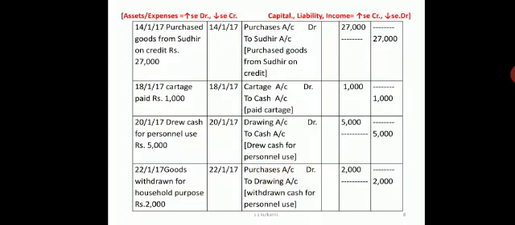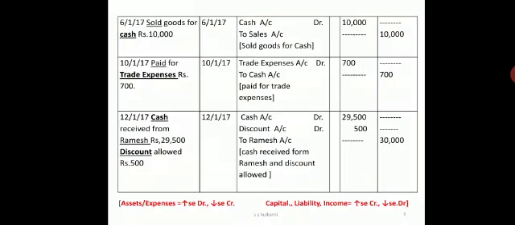Why? It is assumed that the proprietor is purchasing his own goods from the business. That's why purchases account is debited 2,000 to drawings account 2,000, because the proprietor is not paying the amount on such drawings. He has purchased from his own business. So he need not pay that business. So he is taking it as drawings. So it is 2,000.